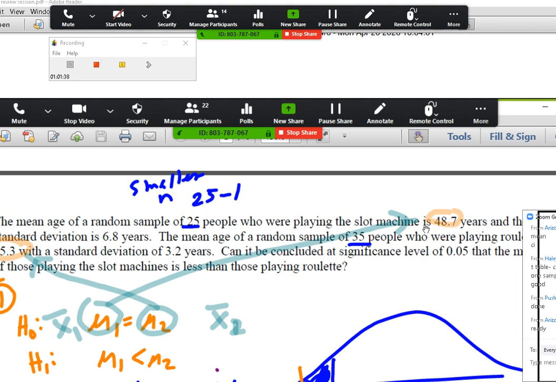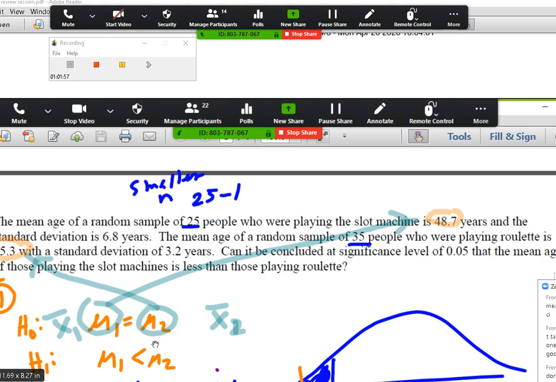two samples, but they're not a list of numbers. I'm just giving you here's the mean, here's the n, here's the standard deviation, here's the second n, here's the second mean, here's the second standard deviation. So there's no differences. You're definitely going to say mu1 is equal to mu2, and the alternative is mu1 is less than mu2.